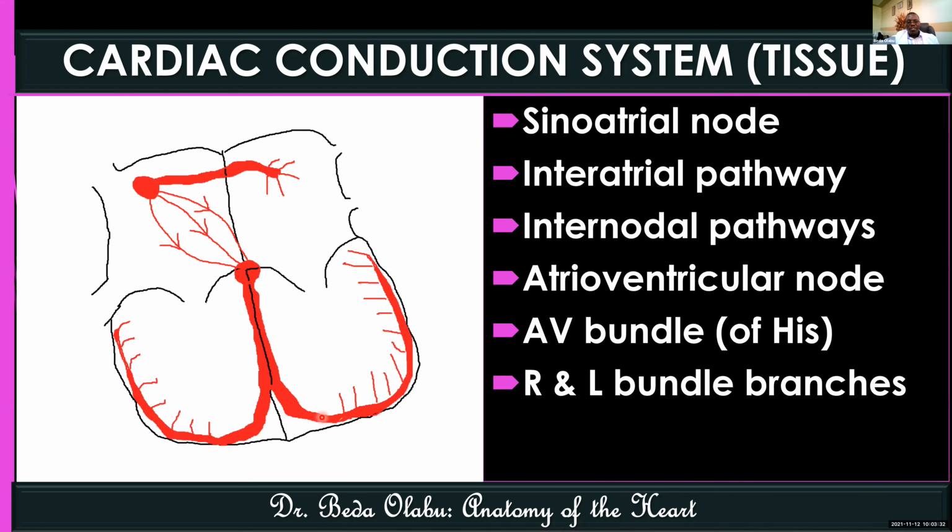Eventually, from the bundle branches, we have the final component of the conduction tissue, which we call the Purkinje fibers. So this is the pathway followed by cardiac electrical impulses. That is what we call the conduction tissue of the heart.